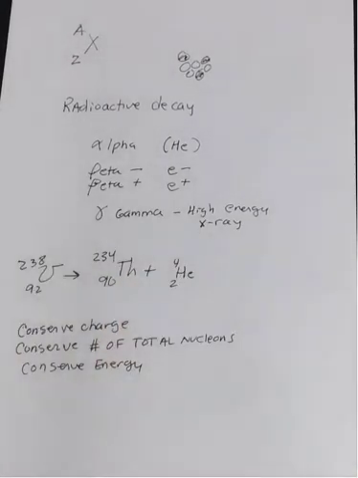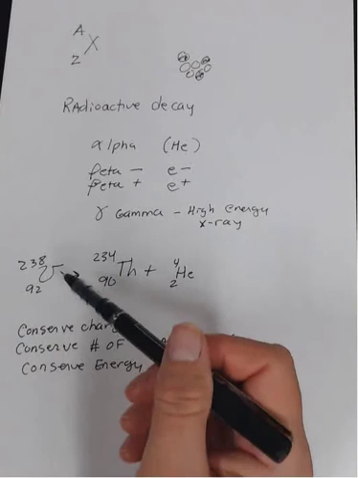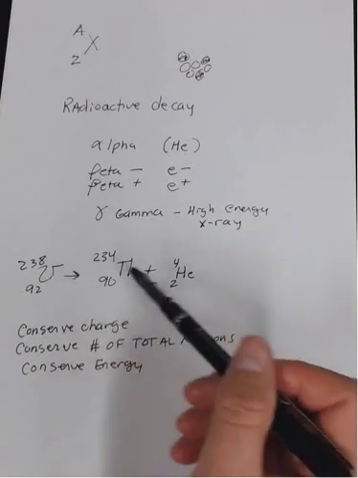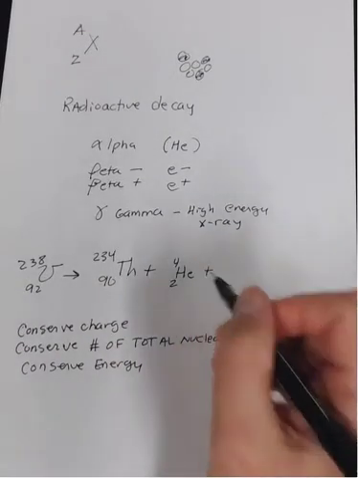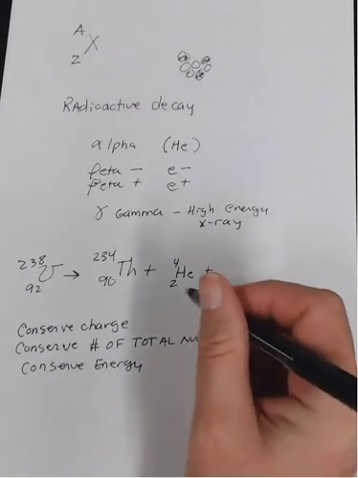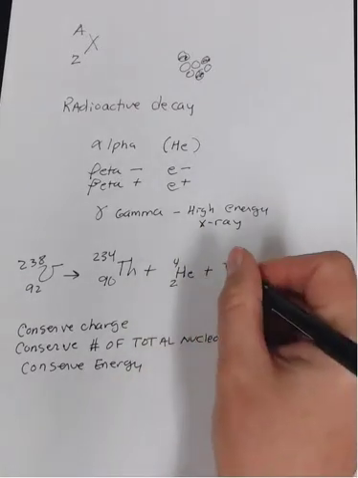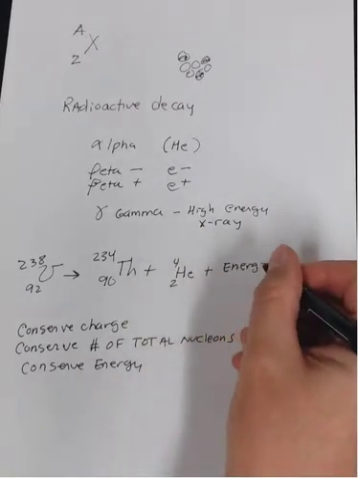So U-238 is going to decay into helium plus thorium, plus, since this happens naturally, it turns out there's going to be some energy released.